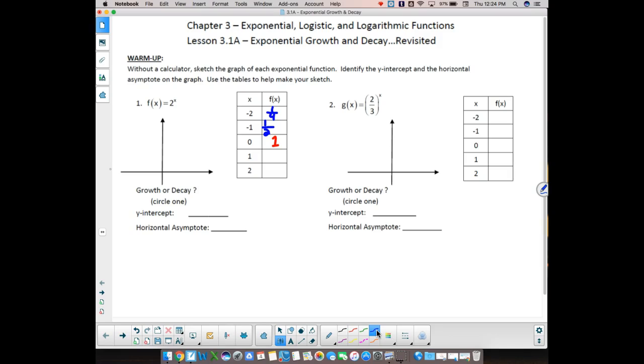If I plug 1 in, 2 to the first, 2. If I plug 2 in, 2 to the second, 4. So that function is going to end up looking like that.